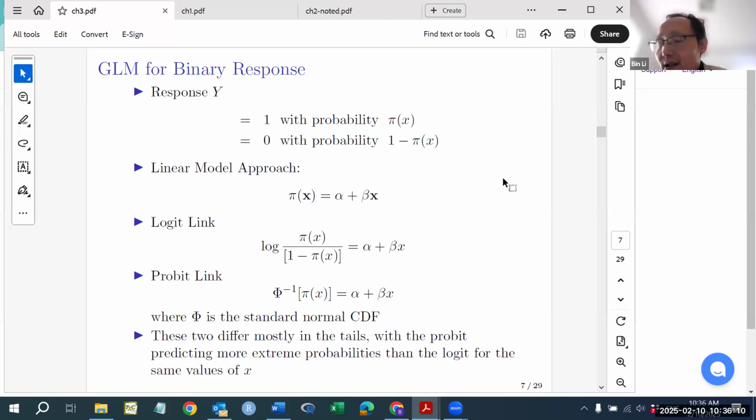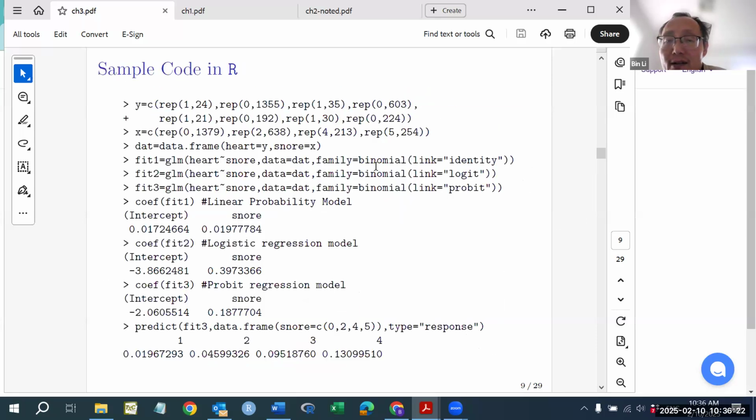And we have x. So we can model Y through alpha plus beta x. Can we do that? No, we cannot. If you fit an OLS using the value of Y directly, it will be slightly different. It will be close, but it will not be exactly the same.